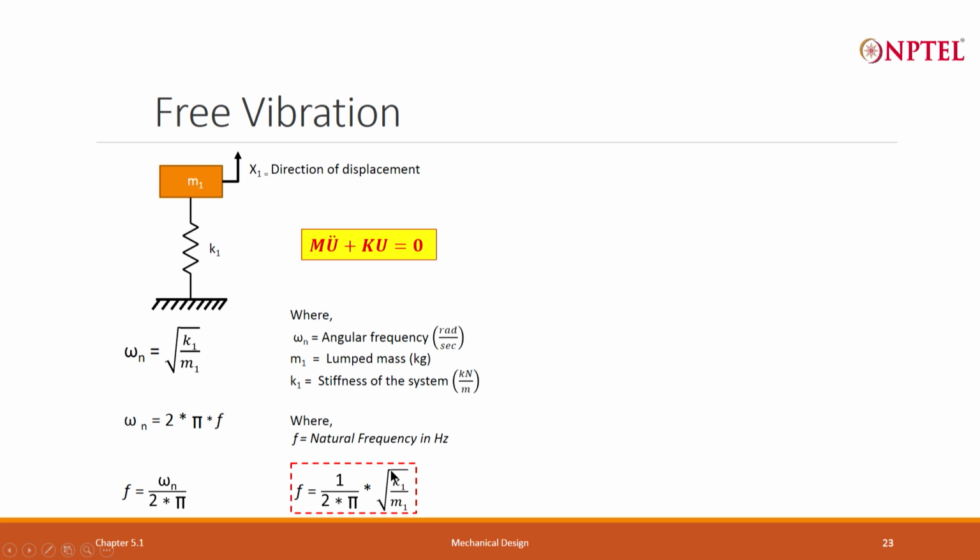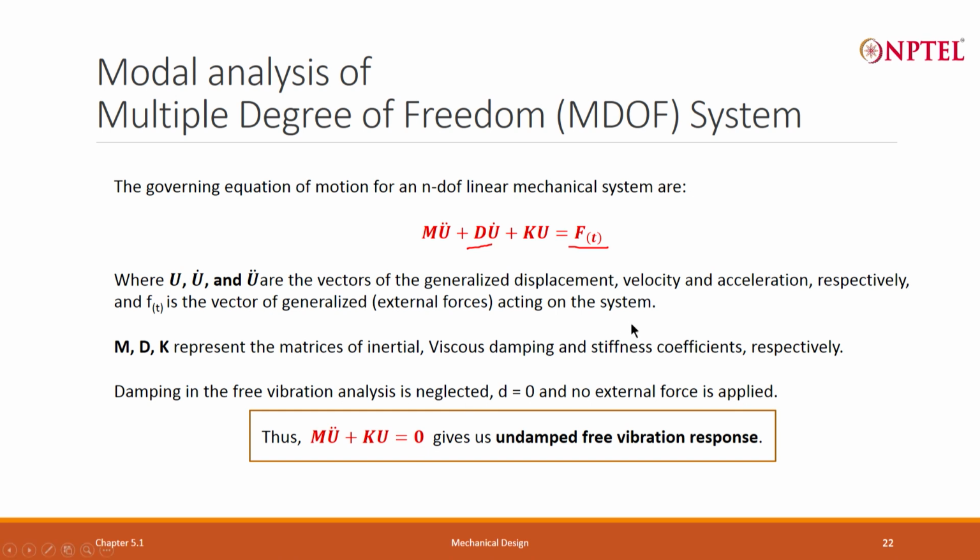Simple solution. If you see, this is my generalized MDOF system, where we have acceleration term, velocity term and displacement term multiplied with inertial term, viscous damping and spring constant. Now, let us assume external force is 0 and viscous damping is 0.